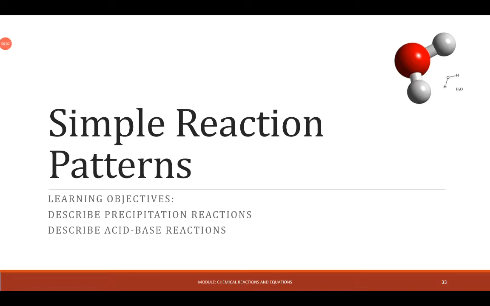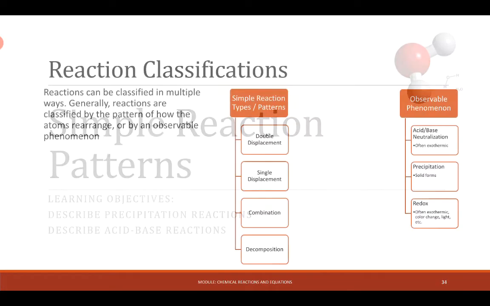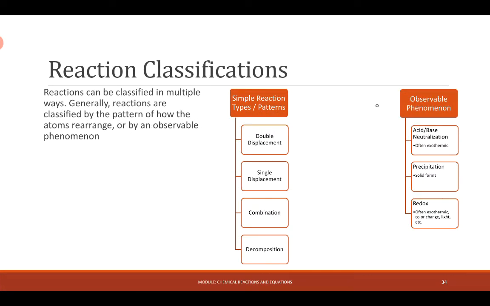In this video, we will be learning about simple reaction patterns that will help support our learning objectives for describing precipitation reactions and acid-base reactions. So when we talk about chemical reactions, there's some observable phenomenon that we can see. So for instance, sometimes when we mix things together, there's precipitation, meaning a solid forms.